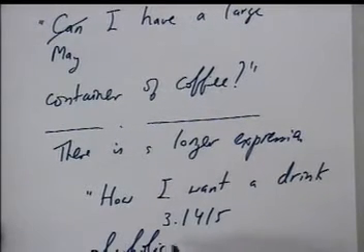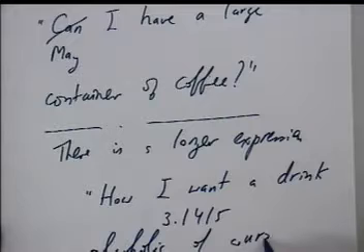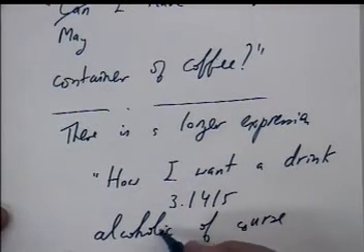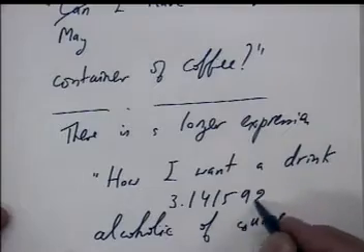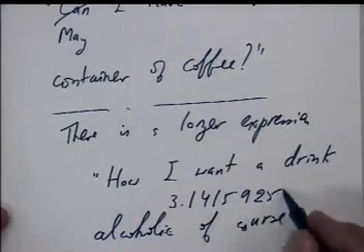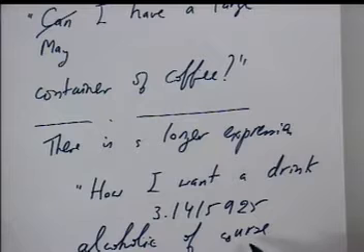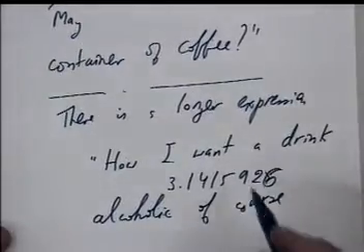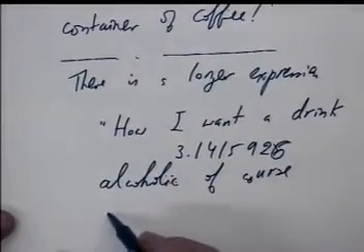Alcoholic, of course. So that is 1, 2, 3, 4, 5, 6, 7, 8, 9. Yeah, so this coincides with that, yes?